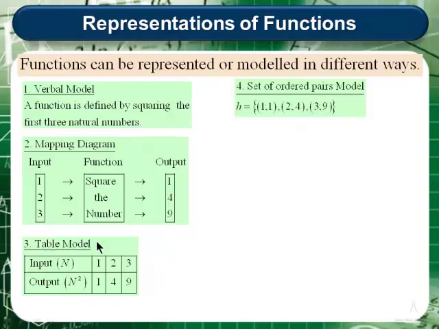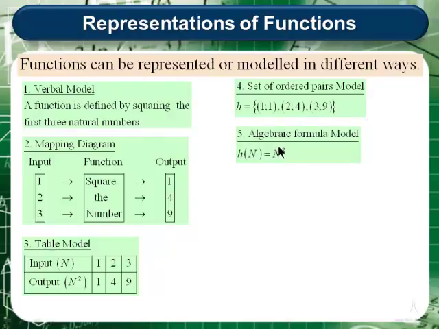We can write this same table model as a set of ordered pairs model, where let's call this function h. Then h is the function consisting of the 3 input-output pairs. Note, in this case, the domain is the set {1, 2, 3}, while the range is the set {1, 4, 9}.